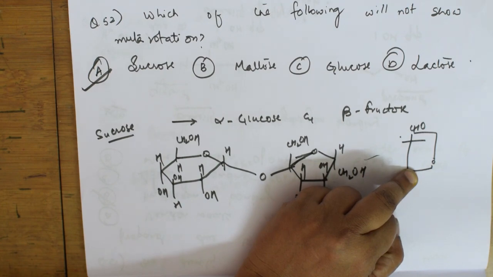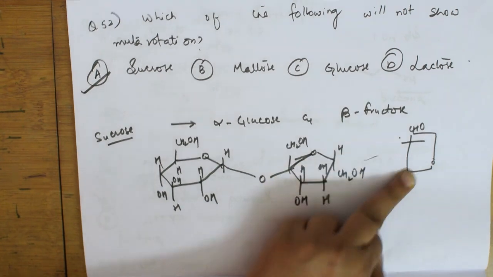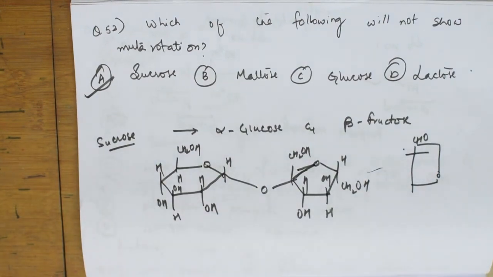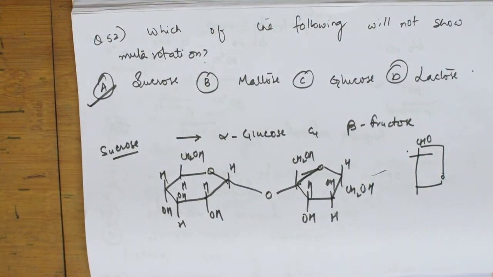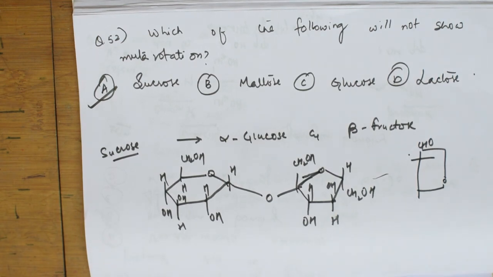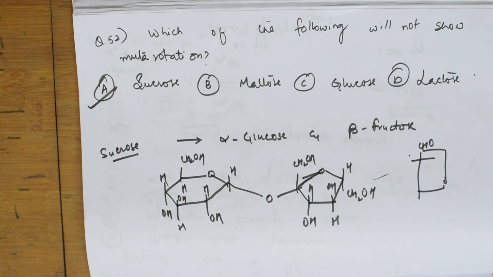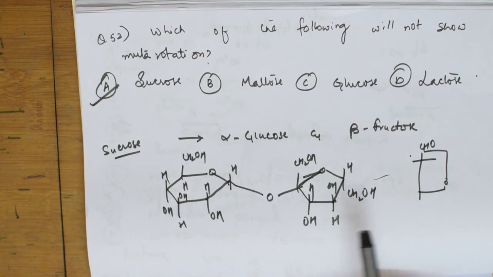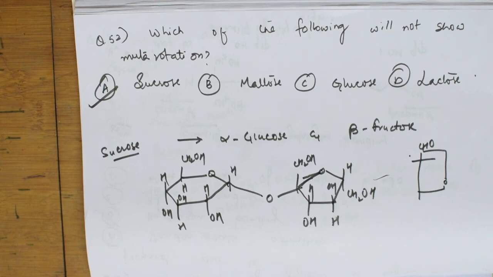So here the anomeric carbon of glucose and the anomeric carbon of fructose do not exhibit mutarotation, because the glycosidic linkage between them is fixed. Once again I am repeating, sucrose does not exhibit mutarotation because the glycosidic bond formed between C1 of glucose and C1 of fructose, the anomeric carbons, does not rotate.